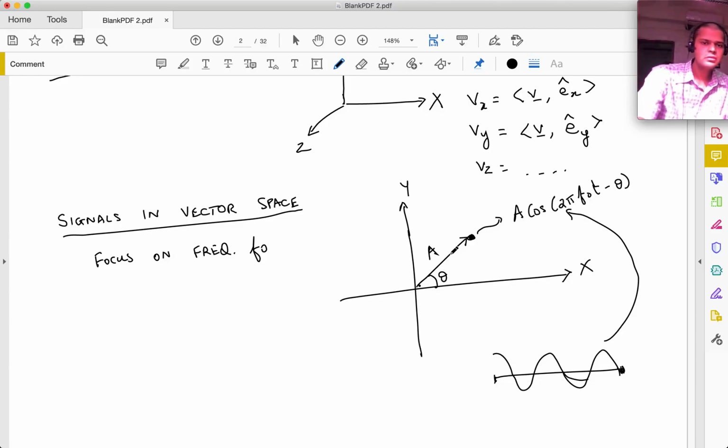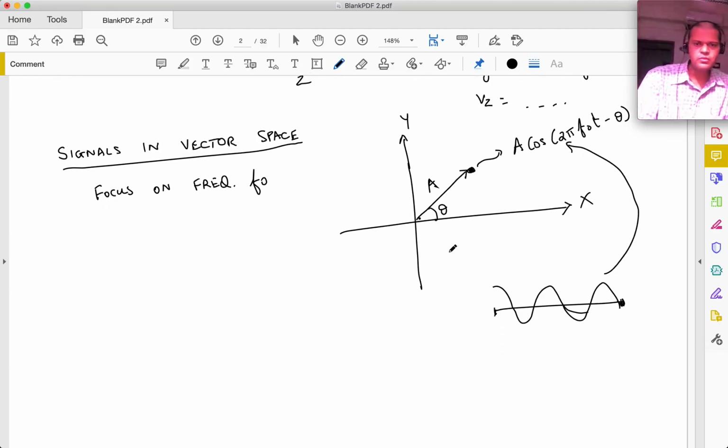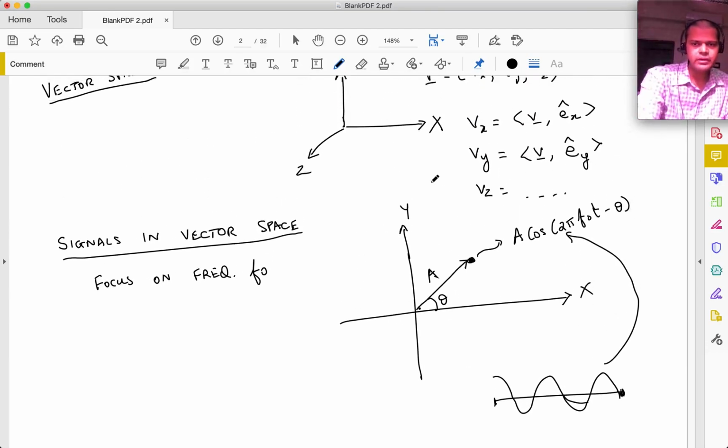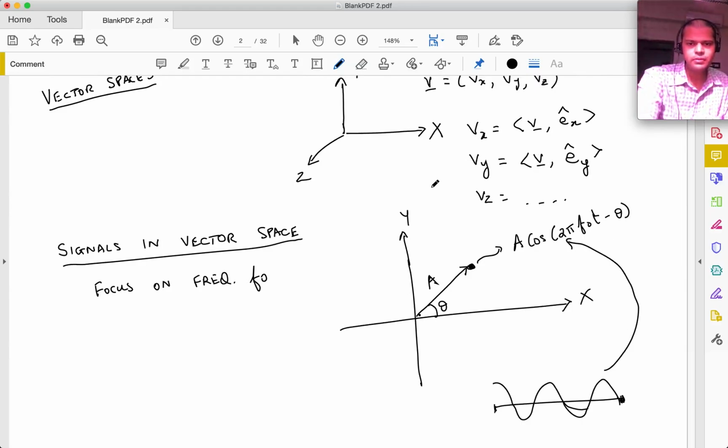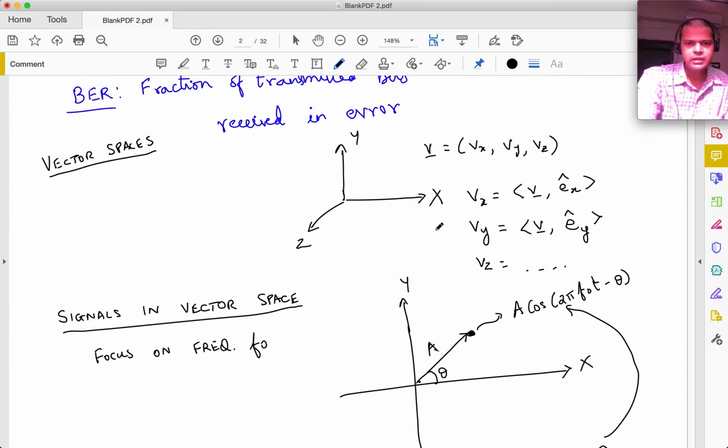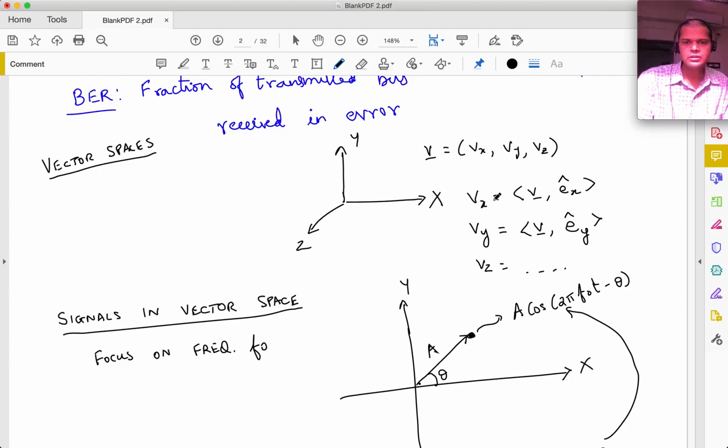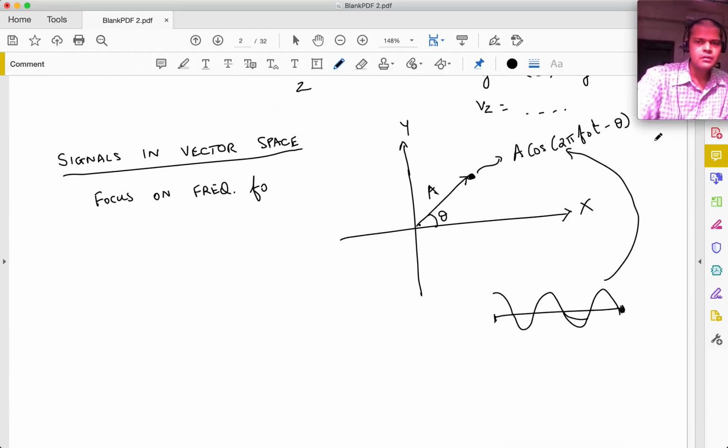So what does it mean here? We managed to draw these signals as points over here, but is there an analogous notion of this dot product? And that is going to be very key over here.